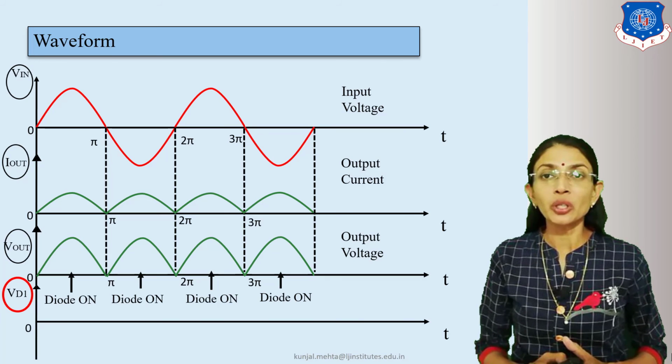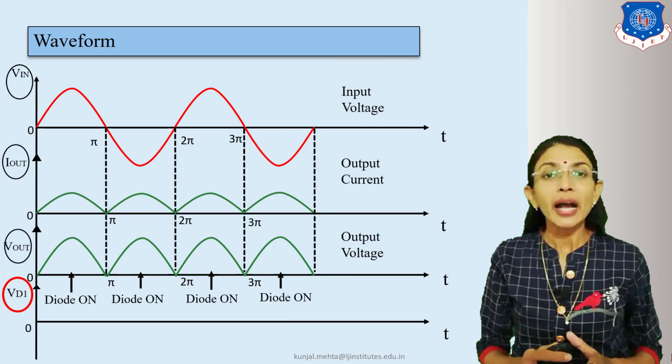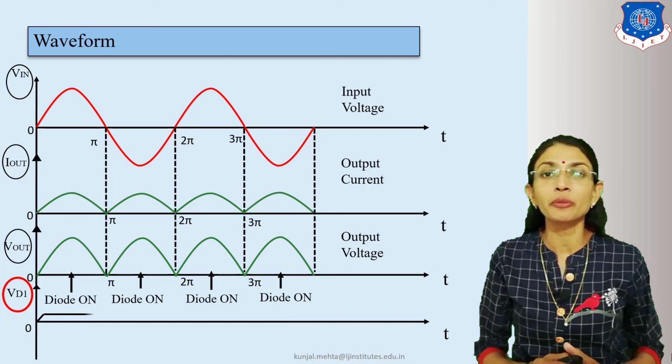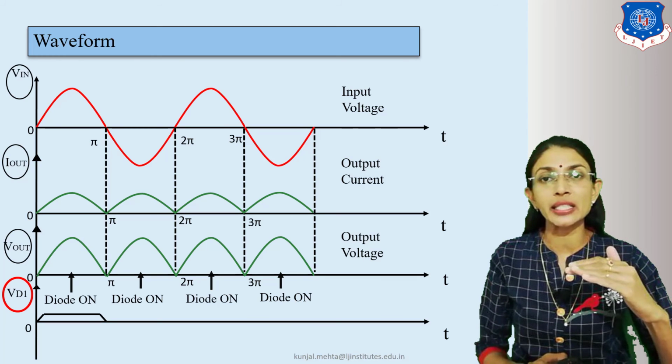So first of all, during positive half cycle, if diode D1 is forward biased, then we get the output Vout always positive, but across D1, across a short circuit during positive half cycle, it will ideally be 0, but practically it will be 0.7 volt, slightly above the 0 axis.